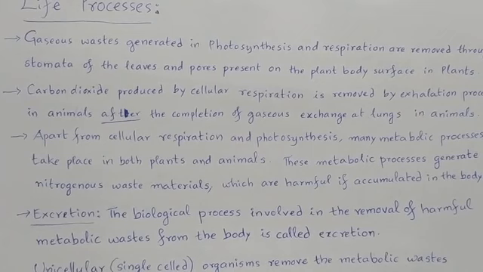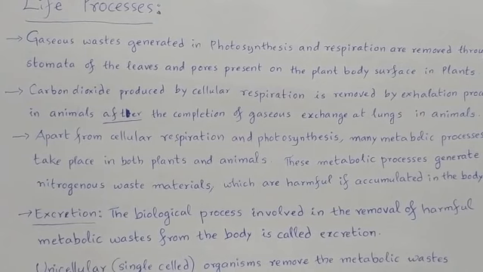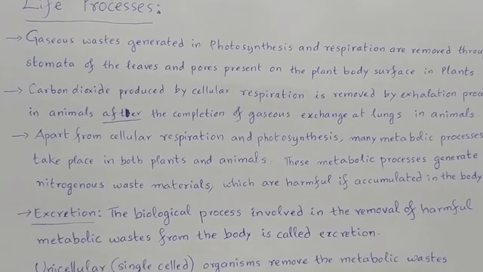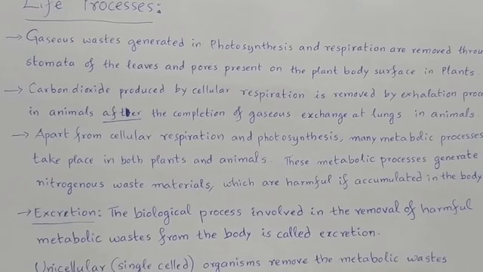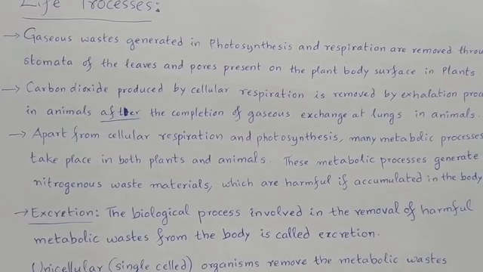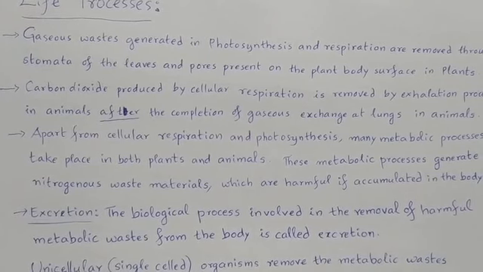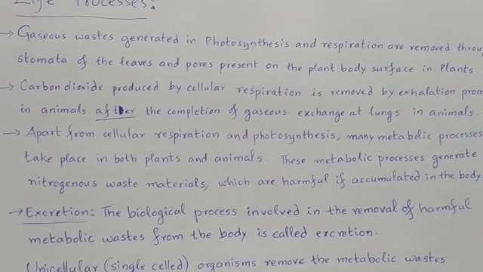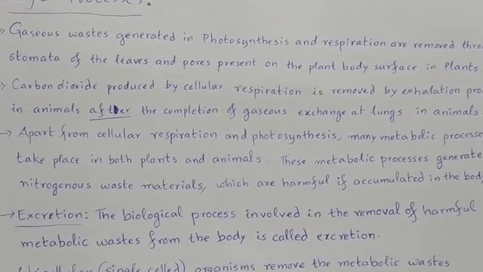So in metabolic processes, many metabolic wastes are produced. These metabolic wastes are mainly nitrogenous wastes like urea, uric acid. These are harmful if accumulated in the body. So they have to be removed from the body.